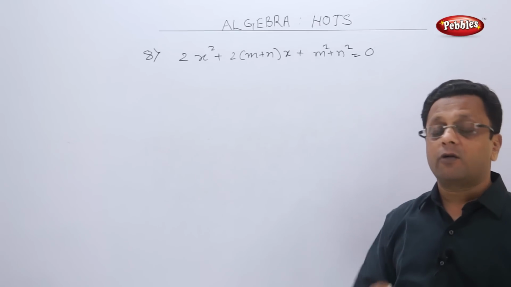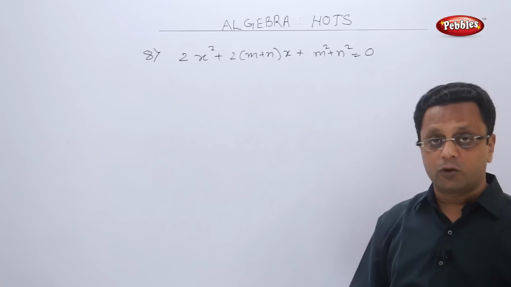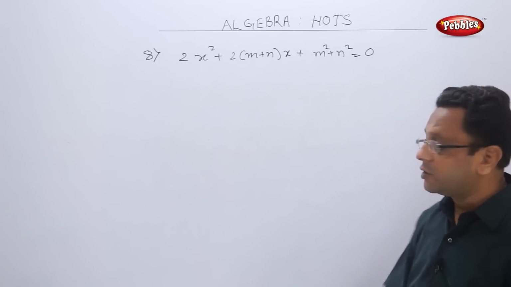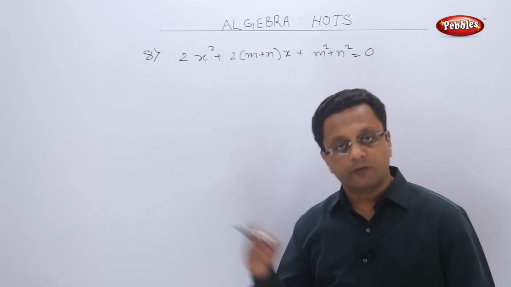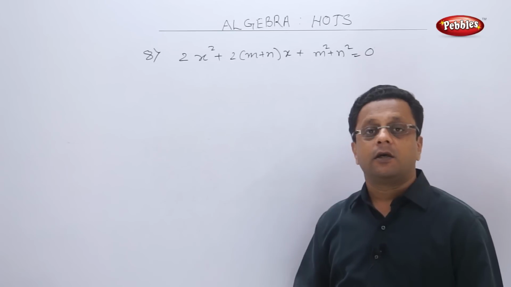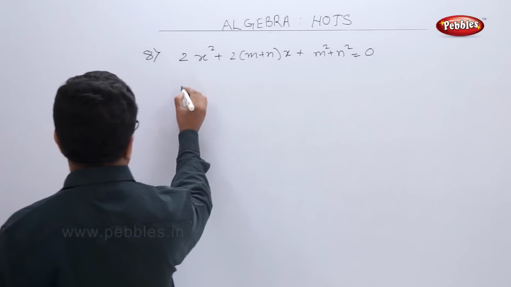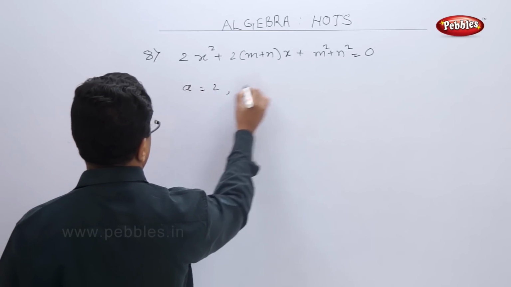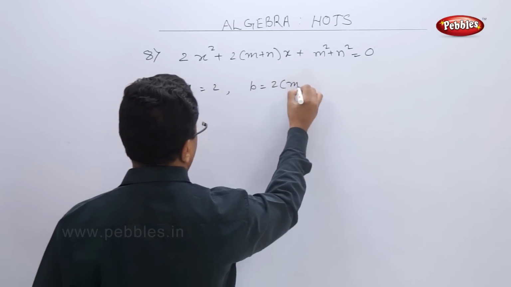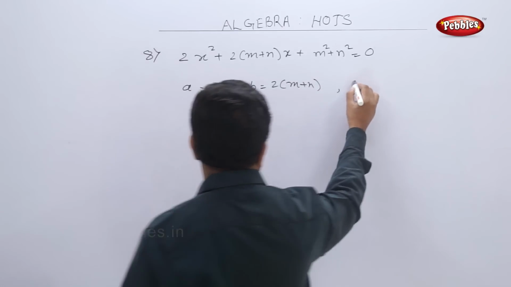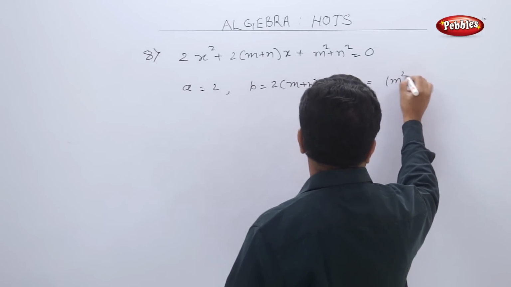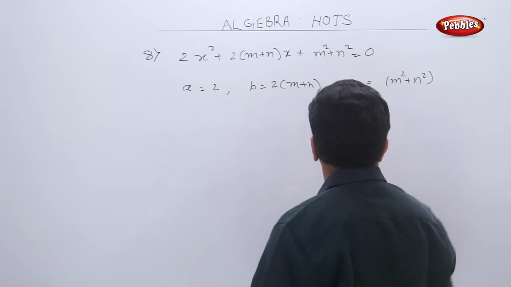We want to find a quadratic equation whose roots are, the first root is the square of the sum of the roots and the second is the square of the difference of the roots. Okay. Now in this case, we have a = 2, b = 2(m + n) and c = m² + n².